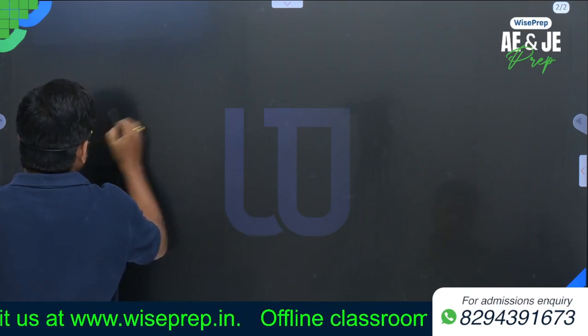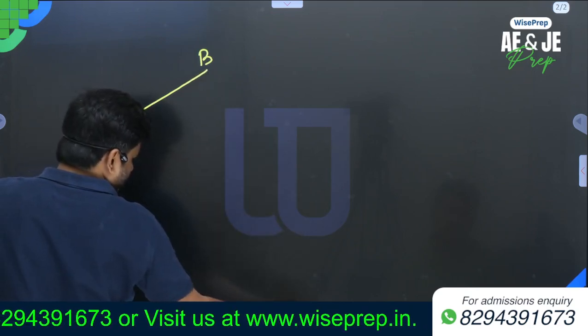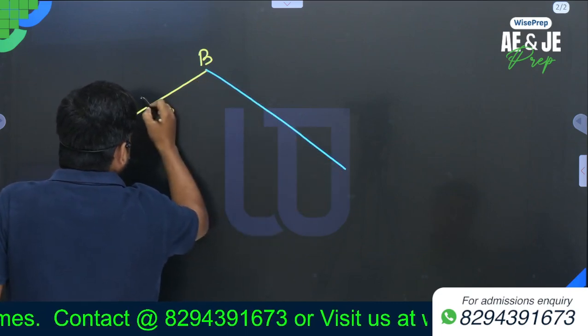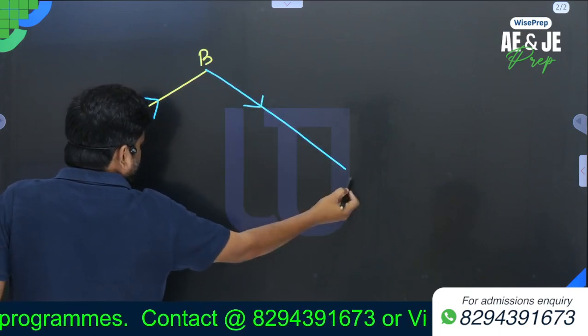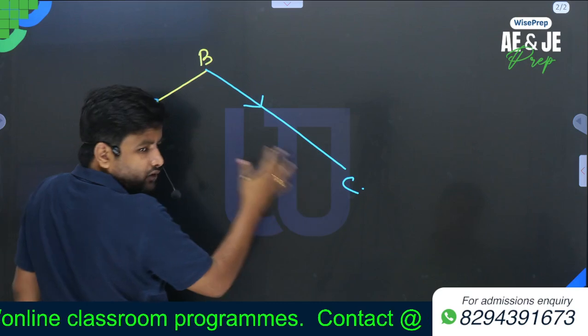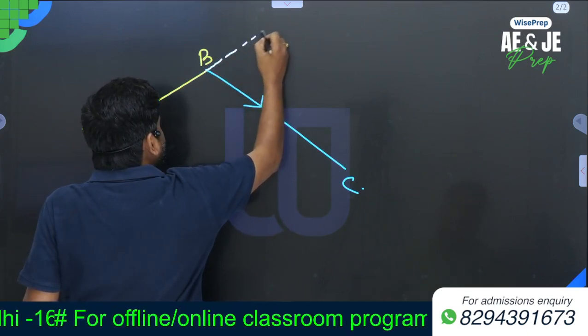Now let's see here. Suppose you are going from A to B like this way. Now you are moving from B to C. If you had not moved from B to C, then the propagation of this line would be like this way.